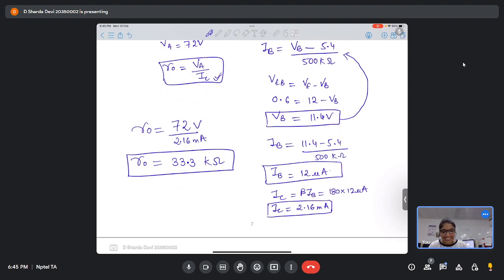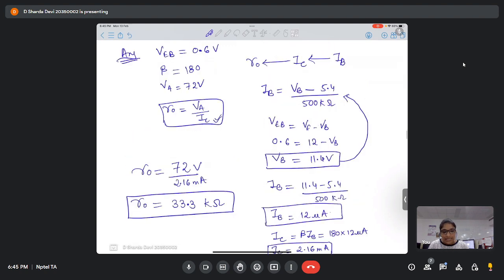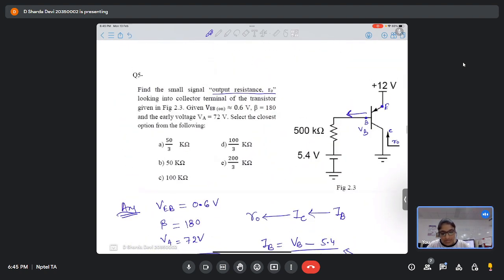Ma'am, what is R0? Can we read the question again? Yes. The question is, find the small signal output resistance R0 looking into the collector terminal of the transistor. Ma'am, since it is output resistance, it should be output voltage divided by output current.